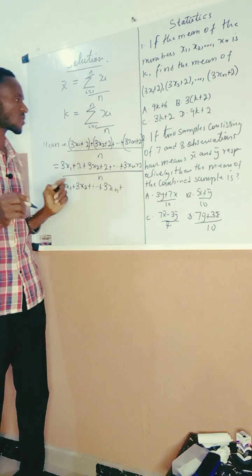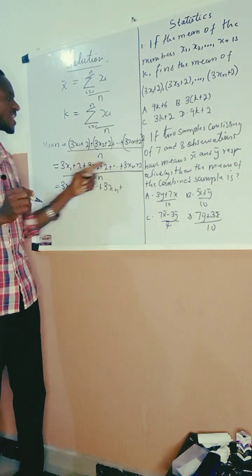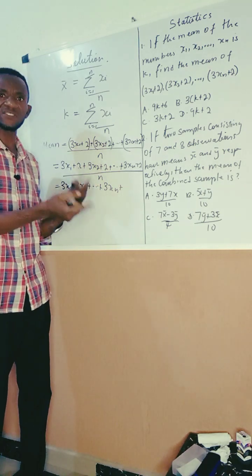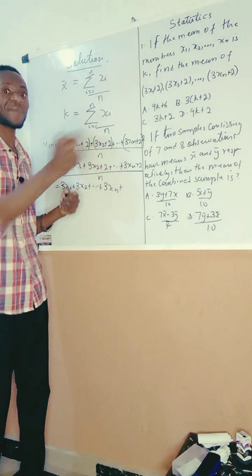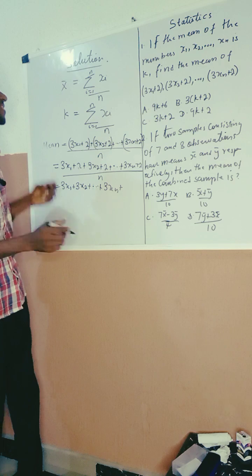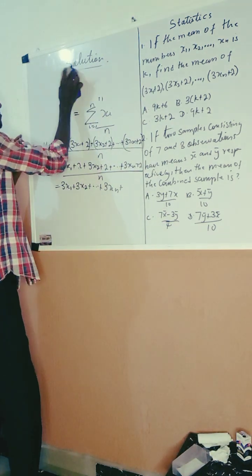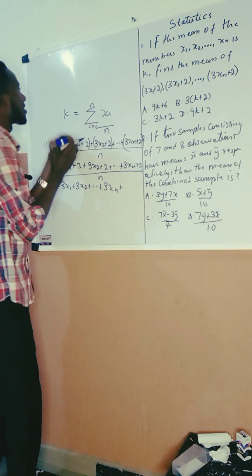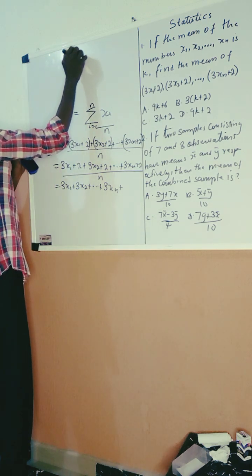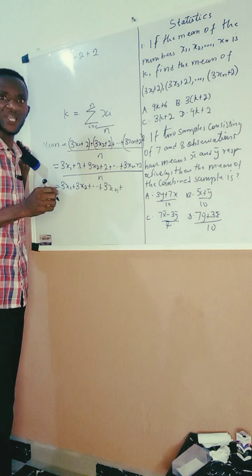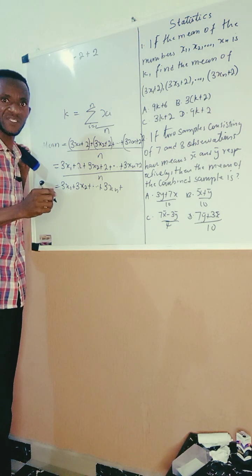And when you have something of that kind, that you are summing a constant up to a number of times, what it means is that number of times multiplied by that constant. For instance, if you have 2 plus 2 plus 2, these are constant 2 added up 3 times.